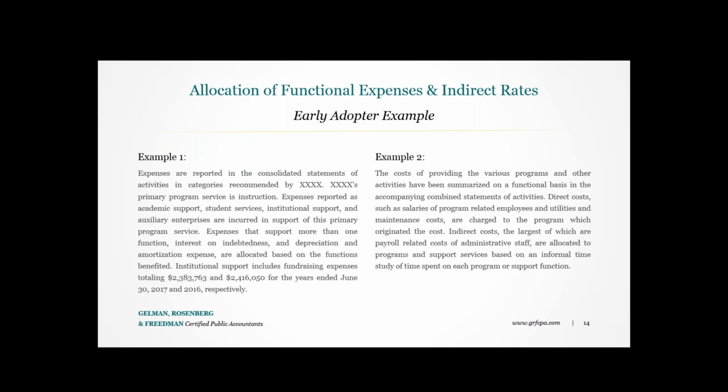They have specified that expenses supporting more than one function are allocated based on function benefits, whereas the other one are being allocated based on an informal time study of time spent on each program. And so here they've each specified how they've approached that allocation methodology within those statements.